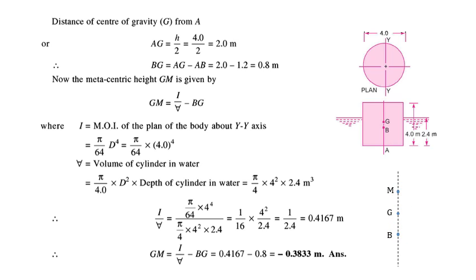So BM, which is metacentric radius, is a ratio of moment of inertia about longitudinal axis to volume displaced, I over V. We know moment of inertia for cylinder is pi d^4 over 64, where diameter is 4, and volume of liquid displaced will be area into the depth of cylinder in water. So pi by 4 into d^2, which is 4^2, into 2.4, and this came out to be 0.4167 meters.